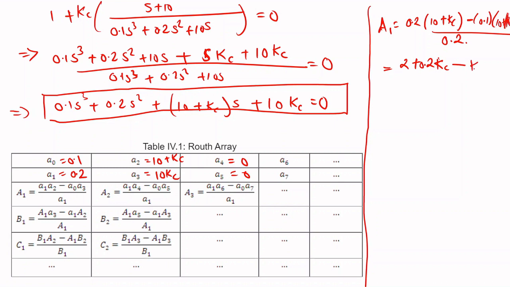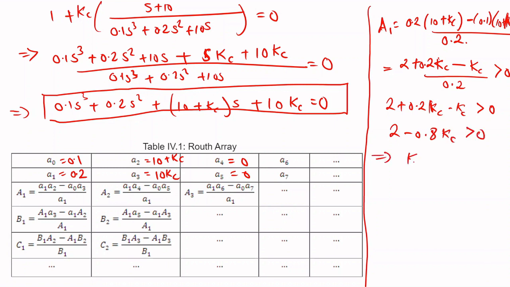So this will become minus Kc upon 0.2. So this value should be greater than 0. That is 2 plus 0.2 Kc minus Kc should be greater than 0, that is 2 minus 0.8 Kc should be greater than 0.